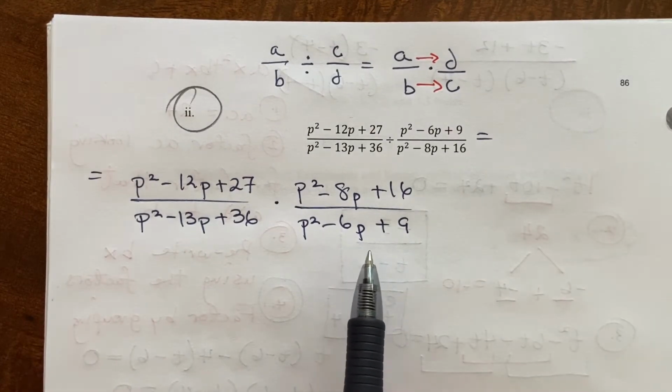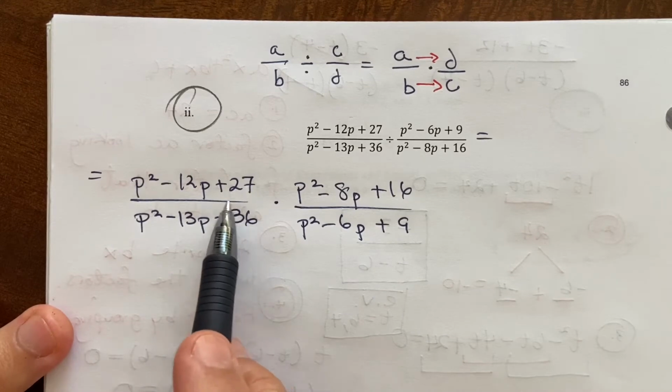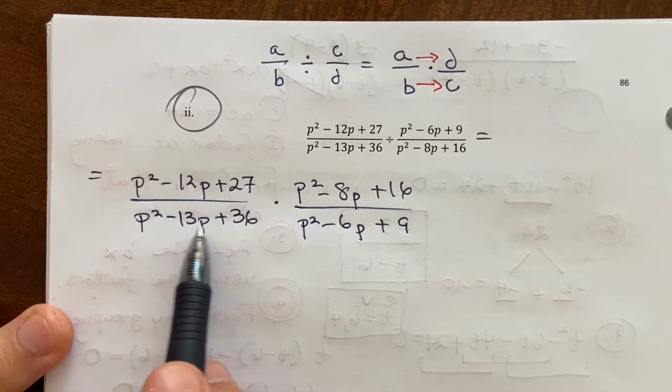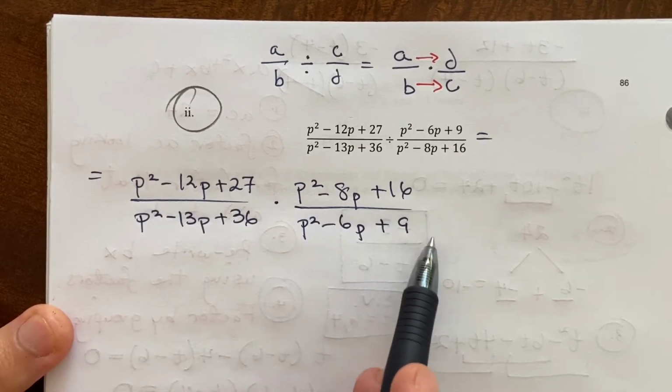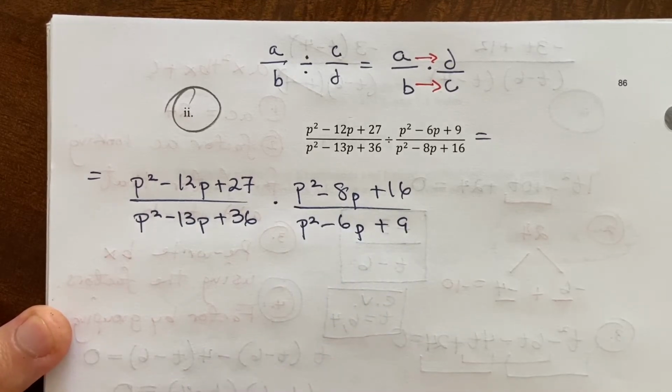So what I'm going to do now is think of the excluded values part. So that will entail thinking about this factored and set to 0, and thinking about this factored and set to 0.